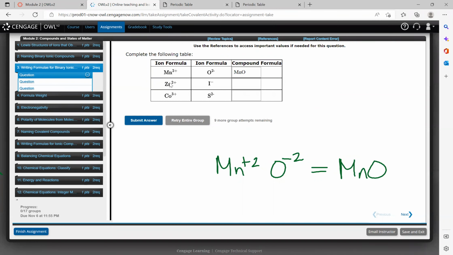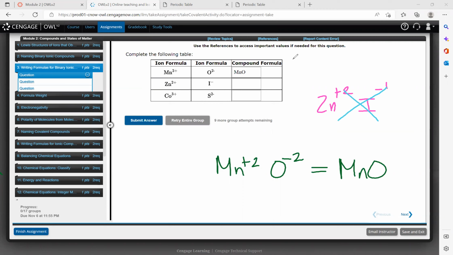Now for zinc iodide, we notice that the charges are not the same. Zinc has a charge of +2, and iodine has a charge of -1. To balance this out, we need 2 iodine for 1 zinc. To keep this in mind, think about doing a cross.